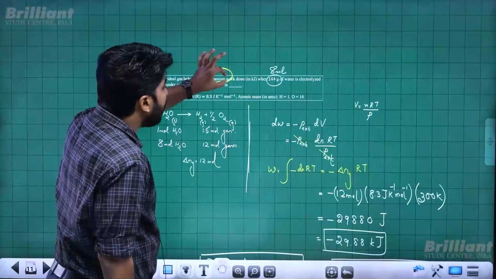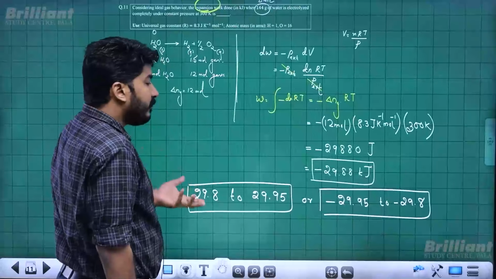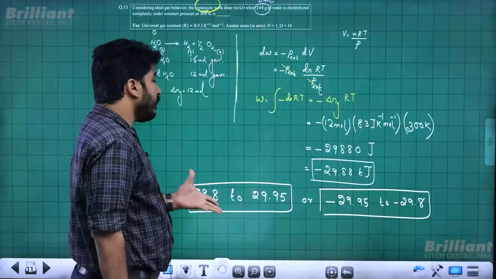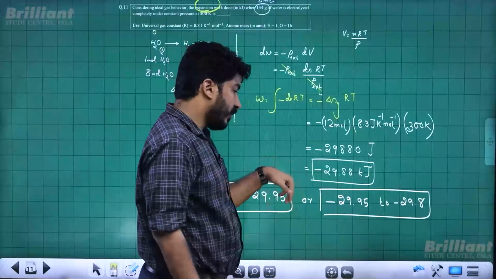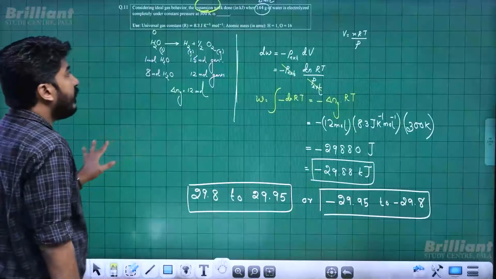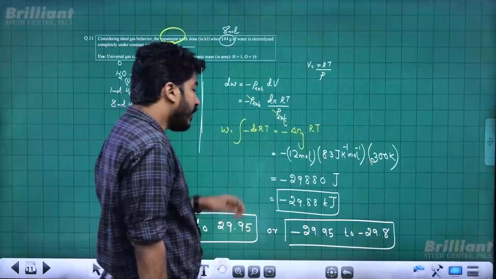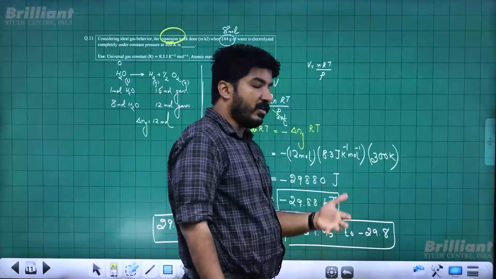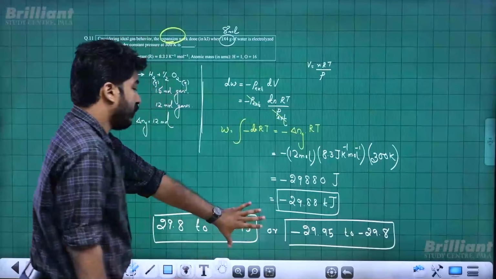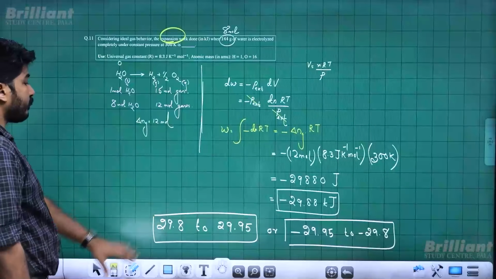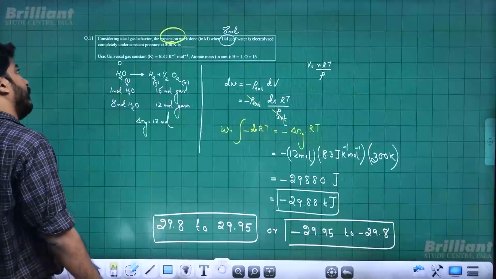So due to that phrasing, they will accept the answer even if you are not including the negative sign. Otherwise, if it was simply what is the work done in this process, you should be writing minus 29.88, that is the perfect answer. This would not be accepted in that case, but here both were accepted.